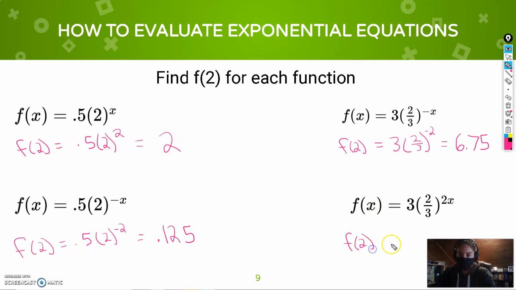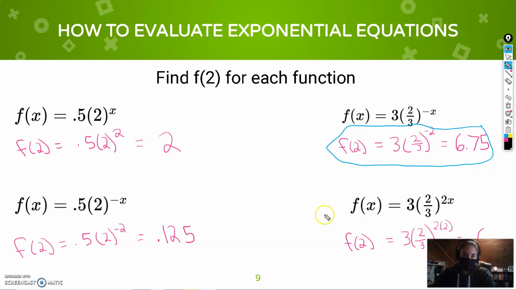Plug in 2 to our last function. 3 times 2/3 to the 2 power. And we get the number, and I'm going to round off a lot, we get 0.6. So this function here was our largest when we plugged in 2, and this function here was our smallest.